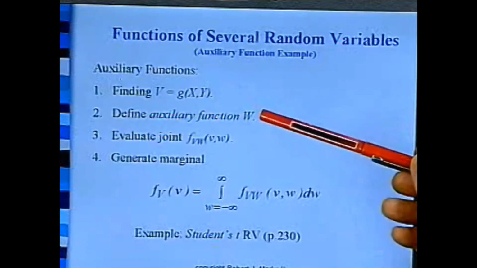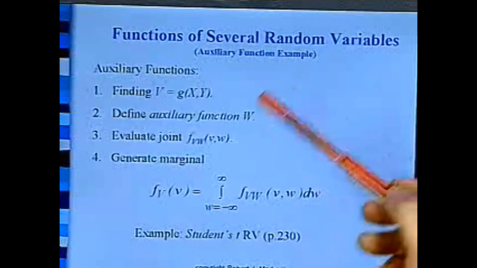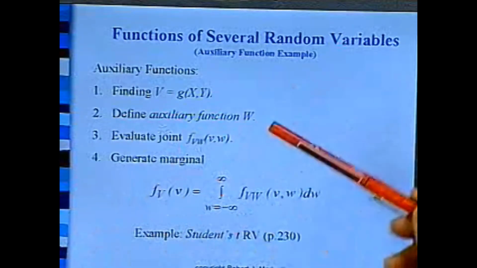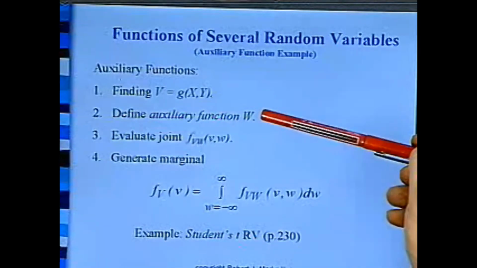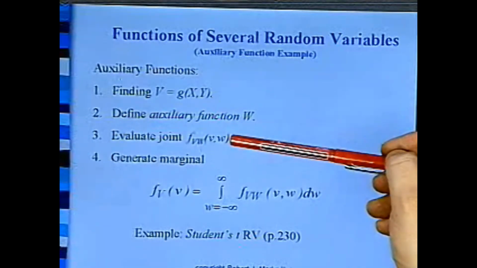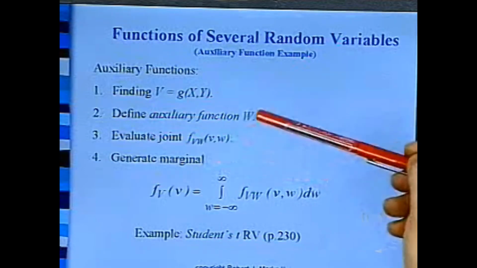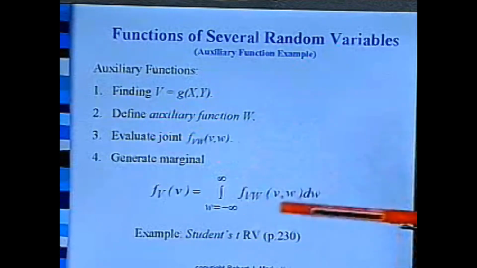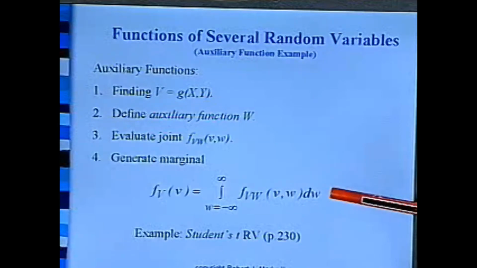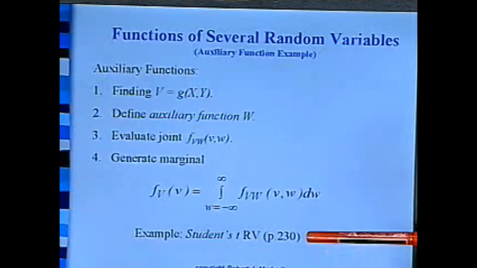I'm using different variables here, but the concept is the same. The auxiliary is this catalyst that we put in. We use the Jacobian transformation to find the joint density function for v and w. Then once we get that, we integrate out this catalyst, the auxiliary function w, to find the marginals. There are certain cases where this turns out to be useful. I would invite you to look at the student's t random variable on page 230 of your text in your spare time as an example of doing this.